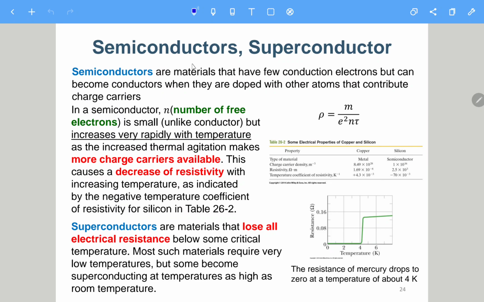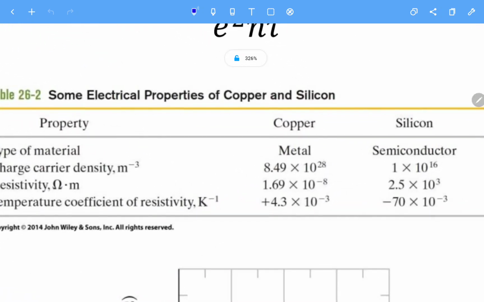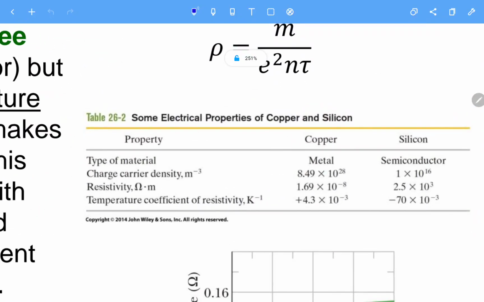Yeah, we talk about the semiconductor and superconductor. I just mentioned semiconductors in the last hour, but it tells you that more charge carriers available decrease the resistivity. Just like what I mentioned, for a pure semiconductor, the resistivity is high, which means that the conductivity is low.